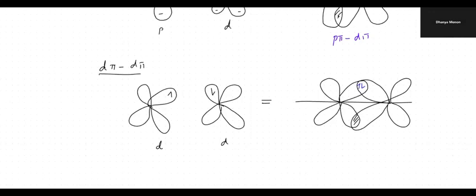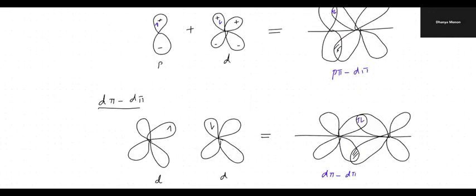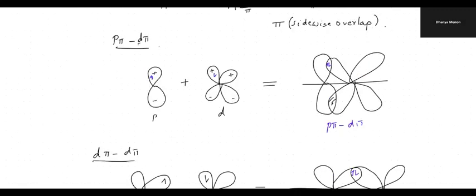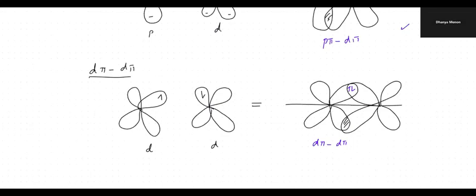This is the d-pi d-pi bonding. So p-pi d-pi is formed between p orbitals and d orbitals, and d-pi d-pi is formed between d orbitals and d orbitals.